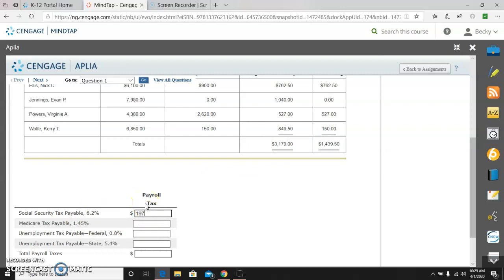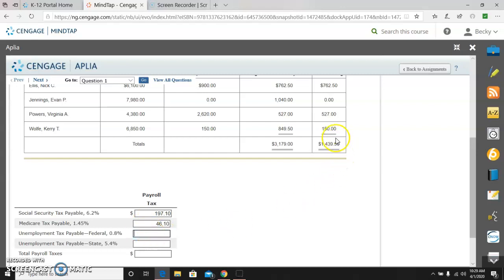So $197.10 for Social Security. Again, that's just taking 3179 times 0.062, and then I take 3179 times 0.0145, and I get $46.10.